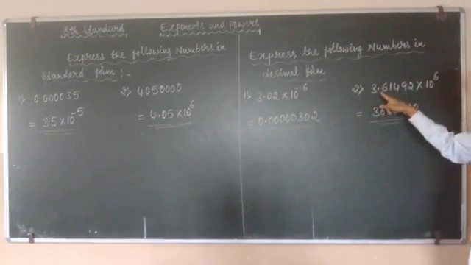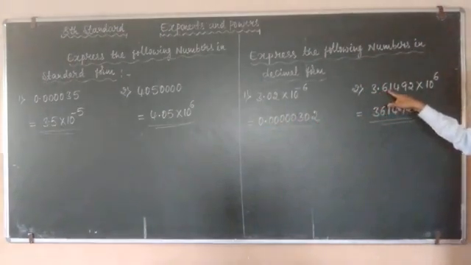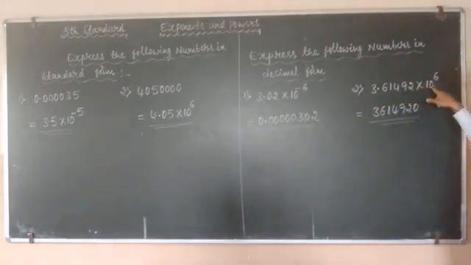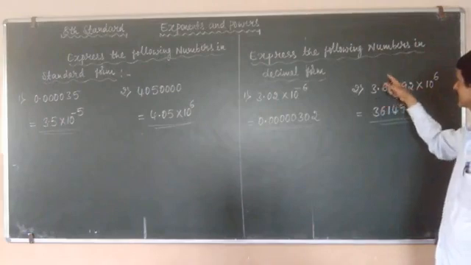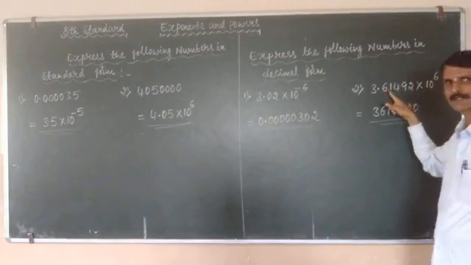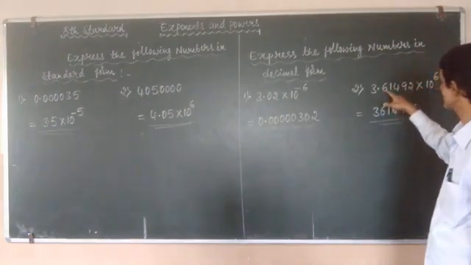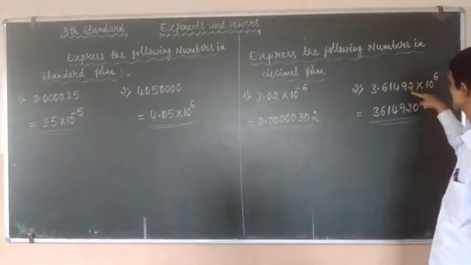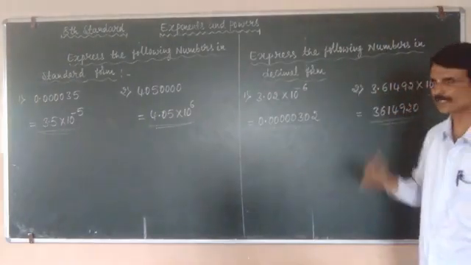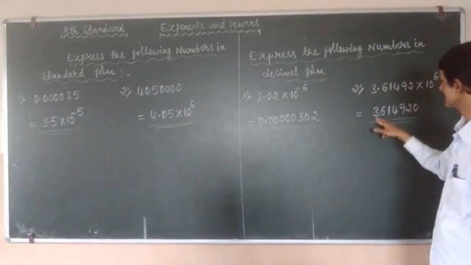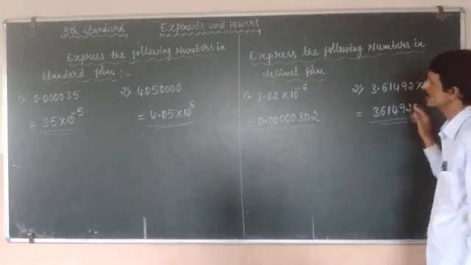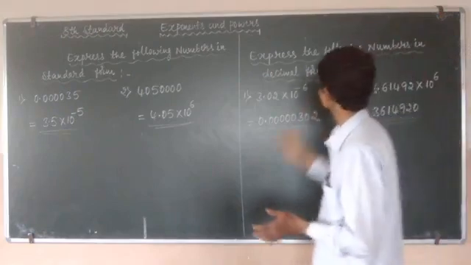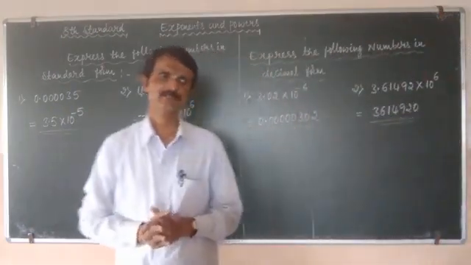Now take 3.61492 into 10 to the power of 6. If you multiply by 10 to the power of 6, after the point there are 1, 2, 3, 4, 5 digits and 1 zero is to be added. So it will become 3614920. So these are the numbers expressed in decimal form.